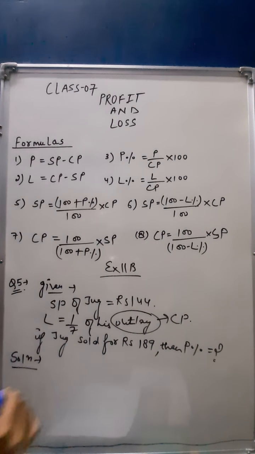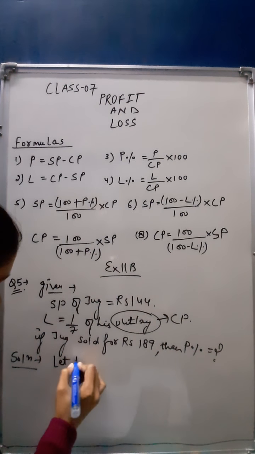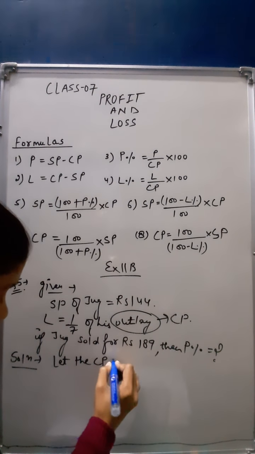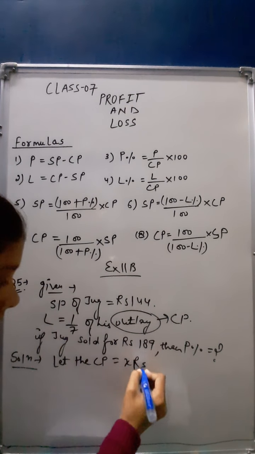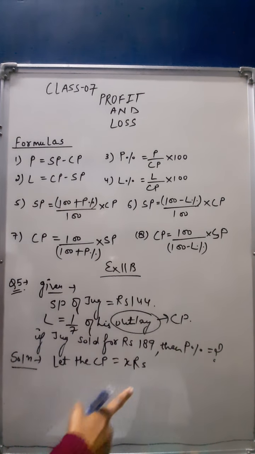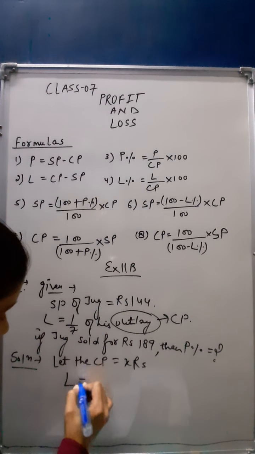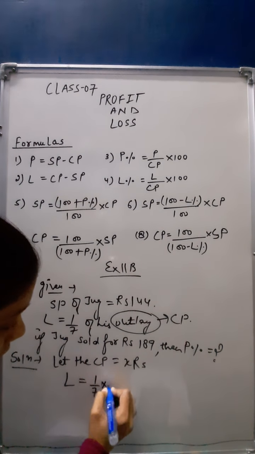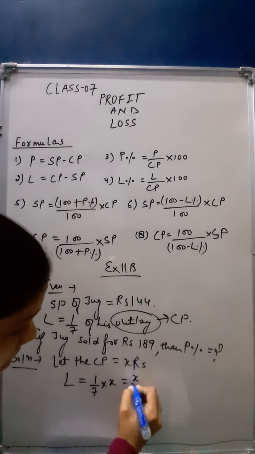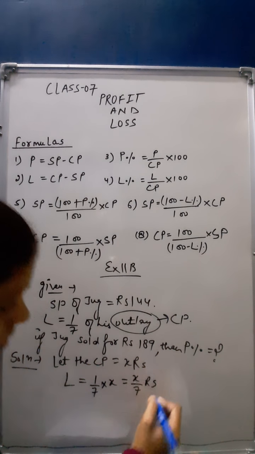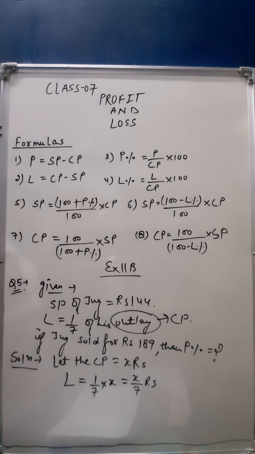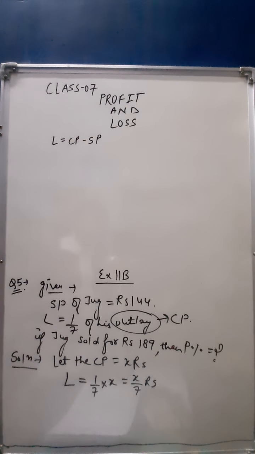In this question we will let the cost price be x rupees. When we are considering the cost price as x rupees, the loss becomes 1/7 into x. This means x/7 rupees will be the loss. Now we know that loss is cost price minus selling price.